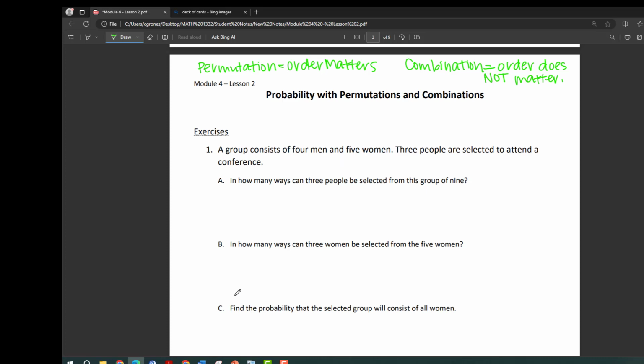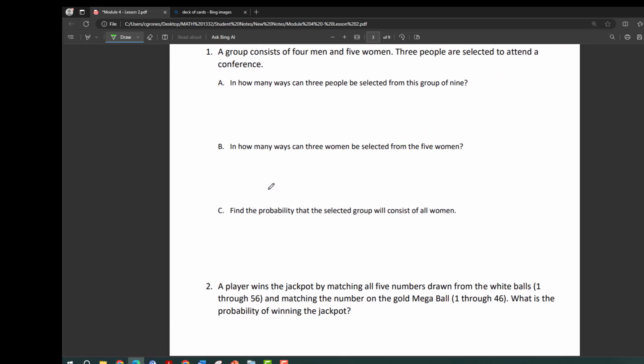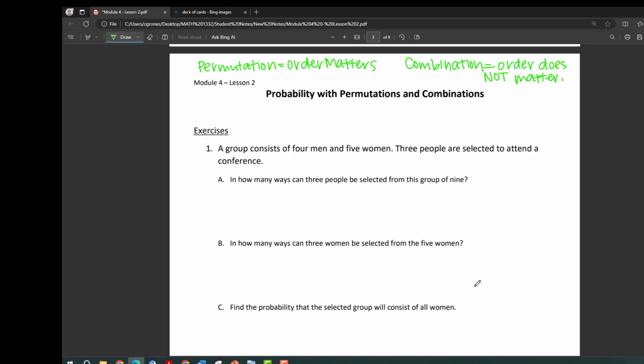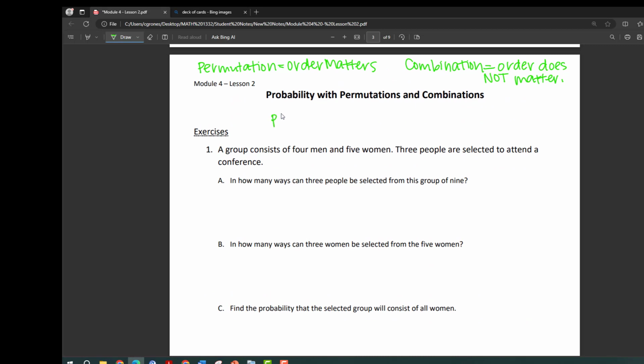Okay, so it says a group consists of 4 men and 5 women, and then 3 people are selected to attend a conference. And then it gives us 3 different outcomes. So remember, we're going to use the probability of a specific event equals the number of outcomes in our event divided by the total number of outcomes.